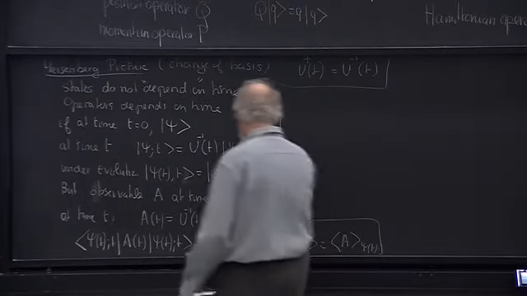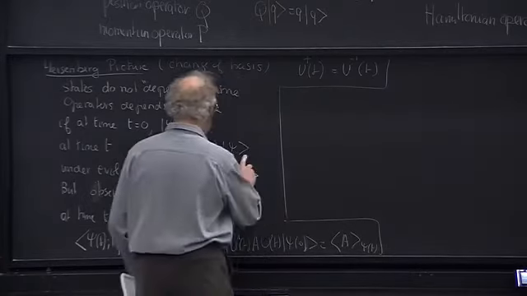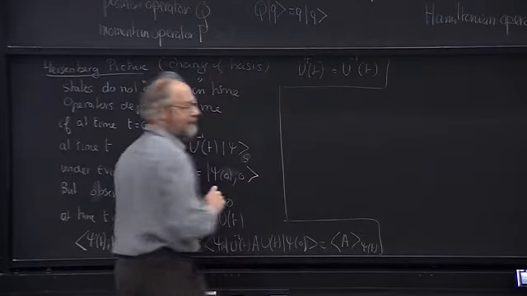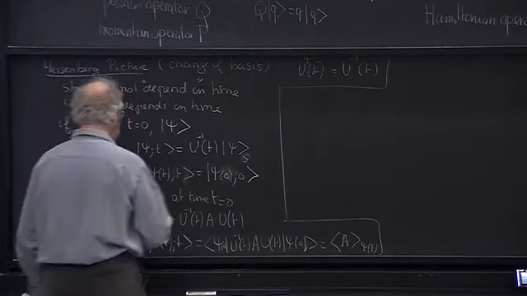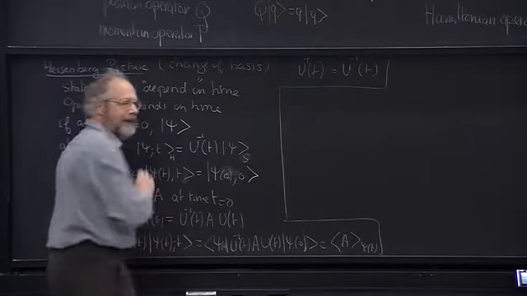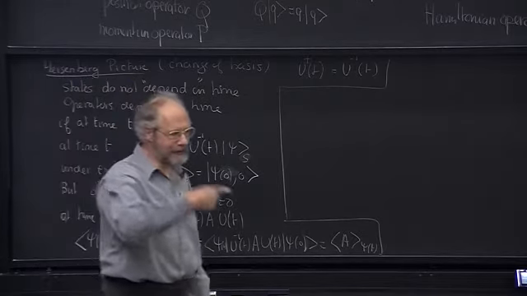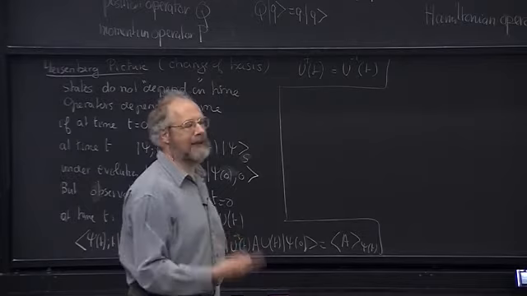This is a vector in the Schrödinger picture, and this is the corresponding vector in the Heisenberg picture. So those are two different vectors in the same Hilbert space.